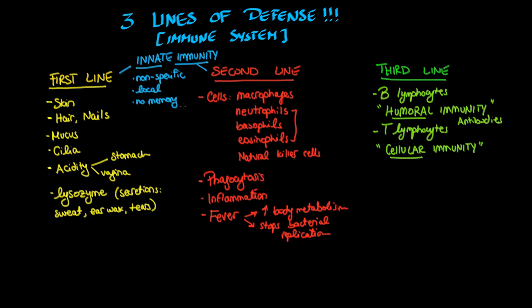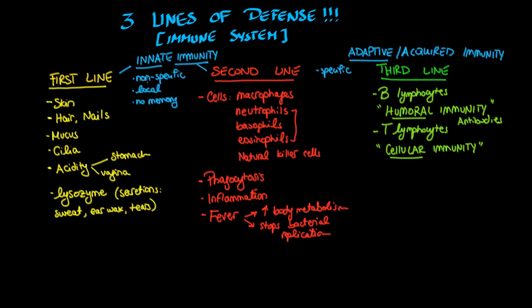However, if we compare this to the third line of defense, this is known as adaptive or acquired immunity. Okay? And so this compares to the innate immunity in that it is very specific compared to the non-specific innate immunity.